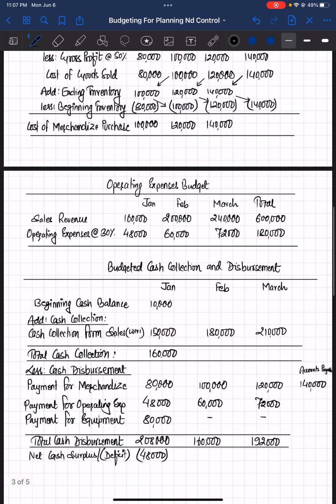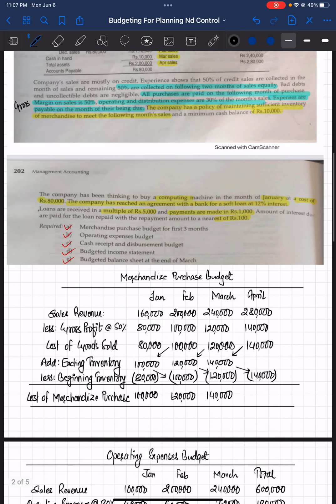So as we can see in the question, this company has to maintain a minimum cash balance of 10,000 at any given point of time. And if it is not able to do so, it'll go to the bank and borrow a soft loan at an interest of 12%. Loans are to be taken in multiples of 5,000 and repaid at the rate of 1,000.